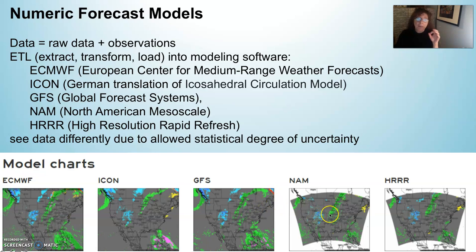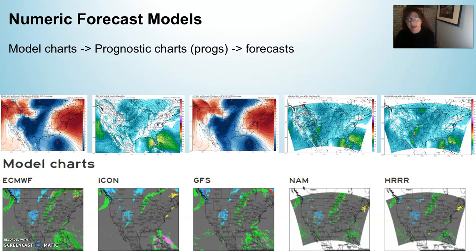And then the NAM model, North American Mesoscale, very popular model. So you'll see that, and you'll also see HRRR, High Resolution Rapid Refresh. I think that most commonly you're going to see the GFS and the NAM models if you look into it. Really fascinating to look at.